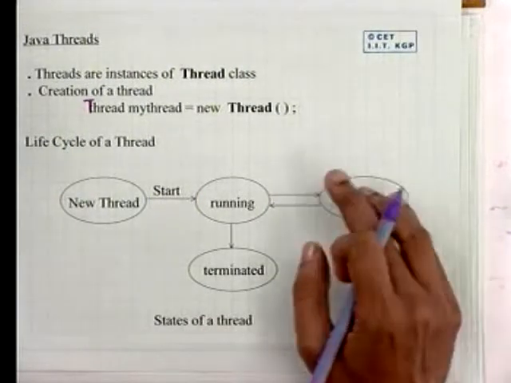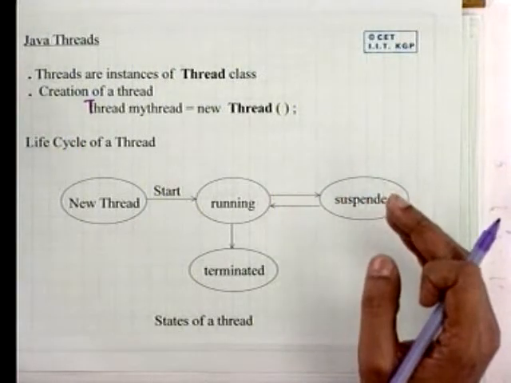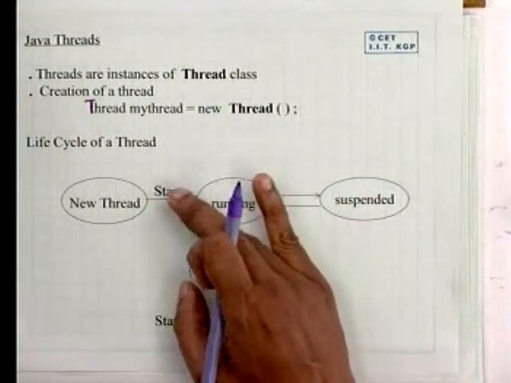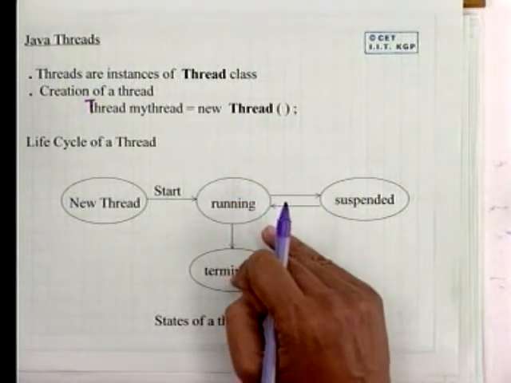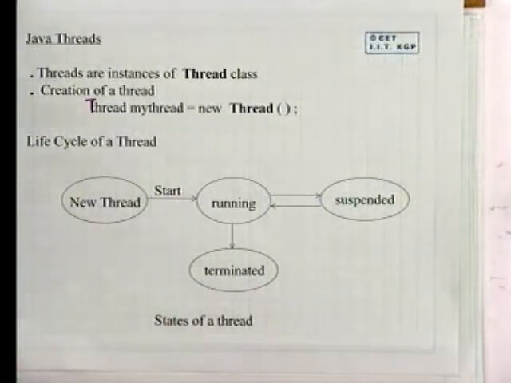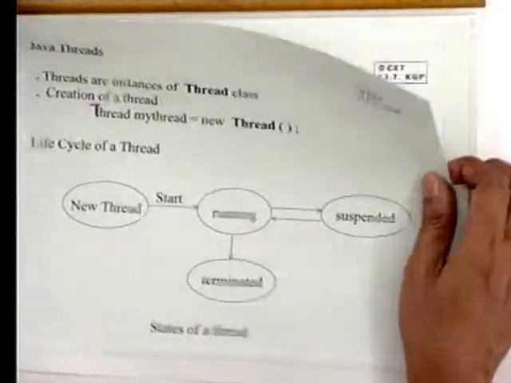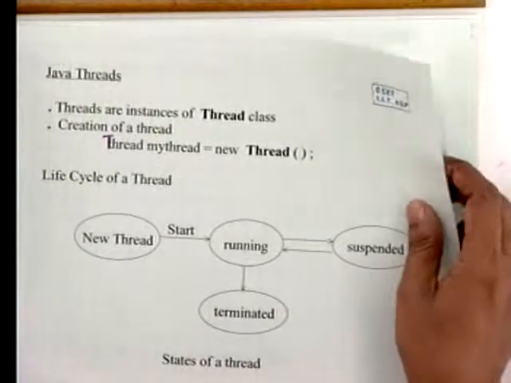Once the thread suspension period is over, it can be resumed in its execution, and when run is over, it will be terminated. That is basically how the different states, or the life cycle, of a thread can be implemented with the help of Java, and for that Java supports several methods in its class library.